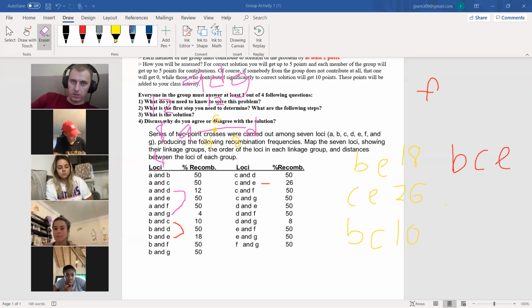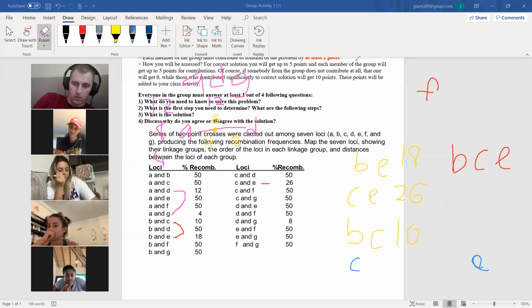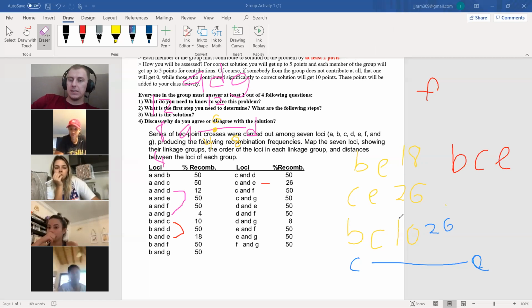So let me pick a better color. If I'm starting the chromosome line, I have C down here and E over here, and the distance between the two of them is 26. The one in the middle is going to be B. B is 18 units from here to there.